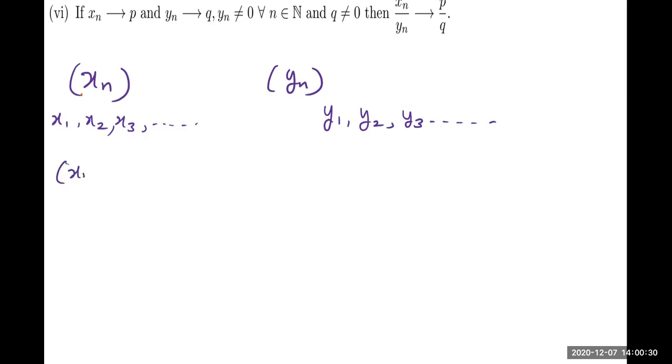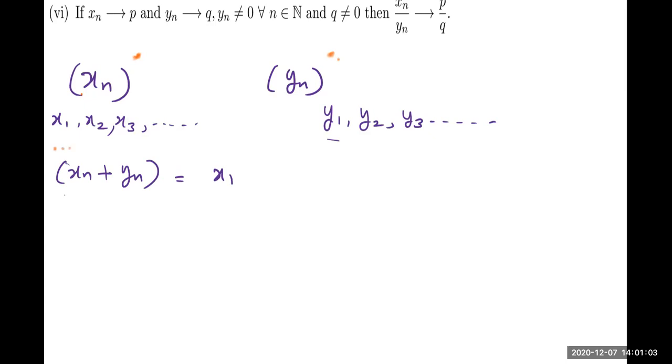Now what do I mean by the sequence xn plus yn? So here I am adding term wise. यानी first term of the sequence xn, that is x1, is added to the first term of the sequence yn, that is y1. So first term of this new sequence, how many sequences you see on the screen? There are three sequences. ये पहला sequence है xn. This is second sequence yn, and by adding you get a new sequence, that is the third sequence.